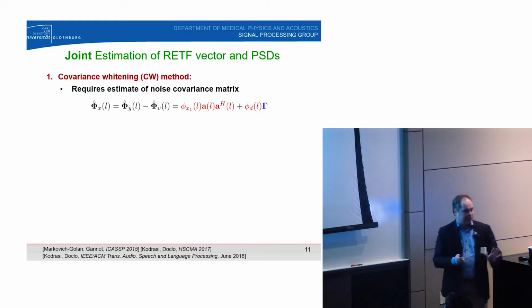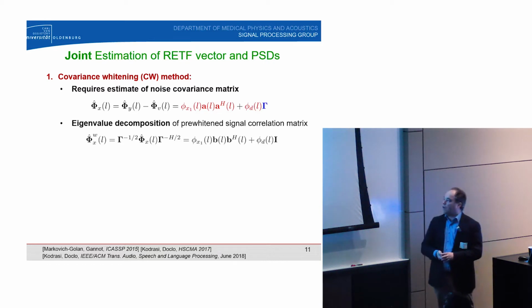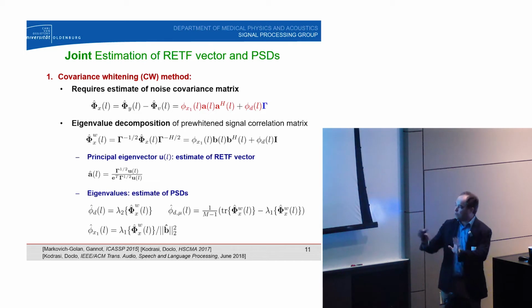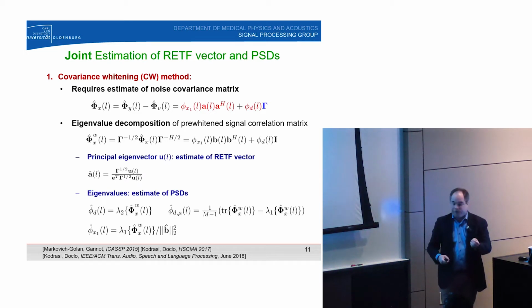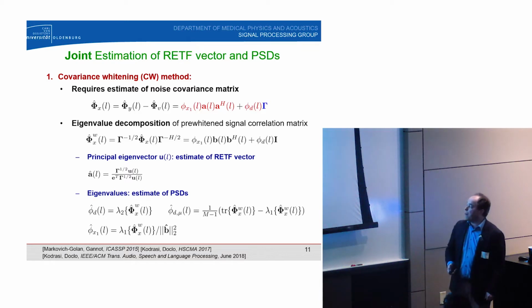And it can be shown that by first pre-whitening this covariance matrix with the Cholesky decomposition of the coherence matrix of the noise, so this diffuse coherence matrix, the eigenvectors and the eigenvalues of this matrix correspond very well to this RTF vector and the PSDs. So without proving this here, from the eigenvalue decomposition of this pre-whitened signal correlation matrix, you can estimate both the time-varying RTF vector and the time-varying PSDs.